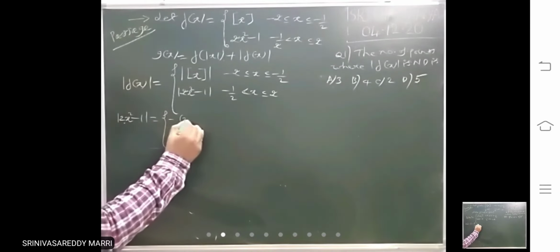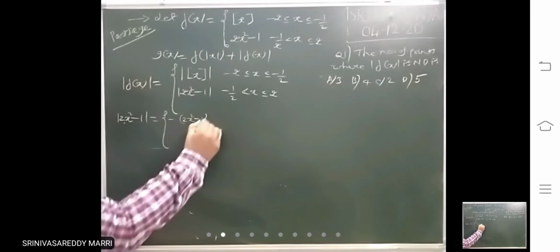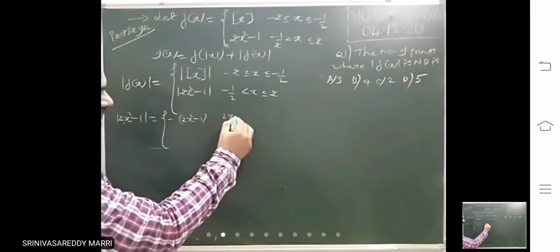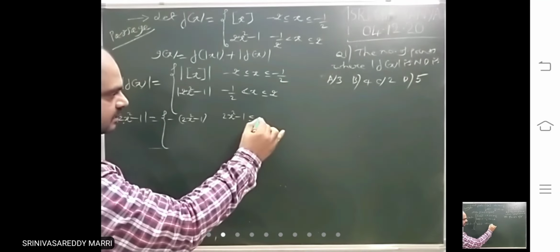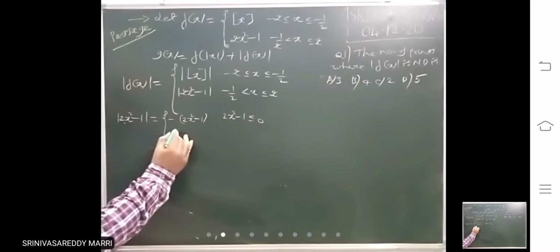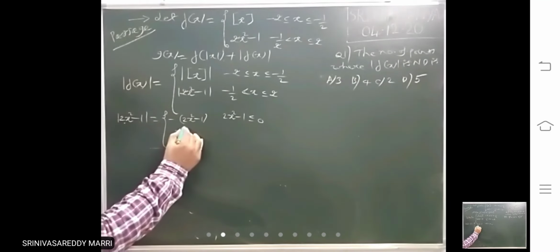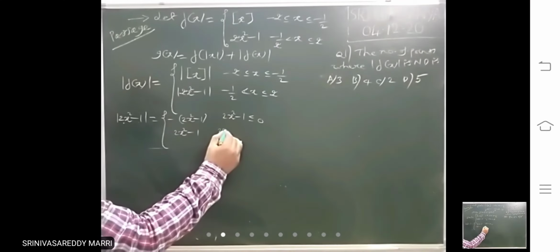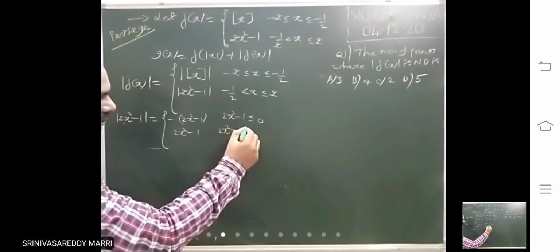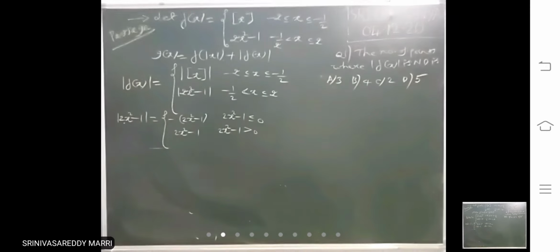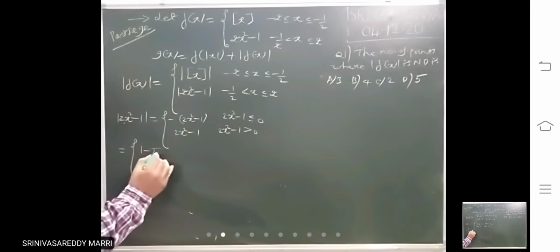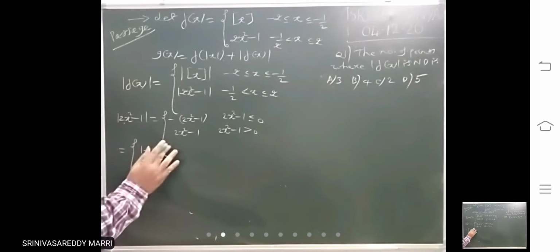This will be minus f of x when f of x is less than or equal to 0, and 2x square minus 1 when it is greater than 0. So that means we must see where it will be minus and where it will be plus. That is 1 minus 2x square.